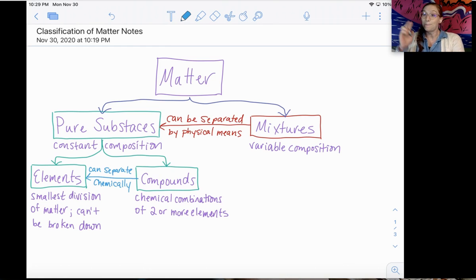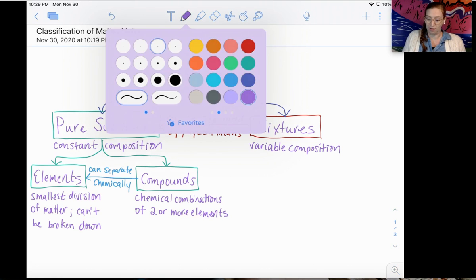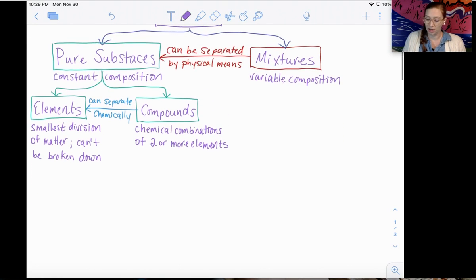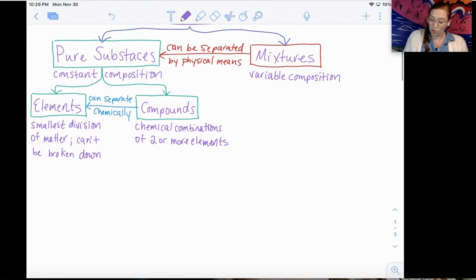Like I said, both main subtypes of matter are going to be split into two different types. We've got two types of mixtures that we'll look at now. Okay, I'm going to give myself a little bit more room. Those two types of mixtures are homogeneous and heterogeneous.